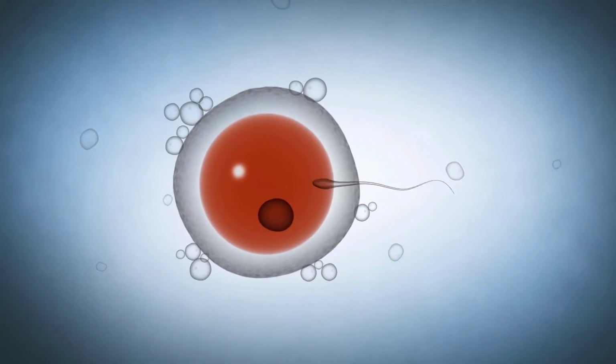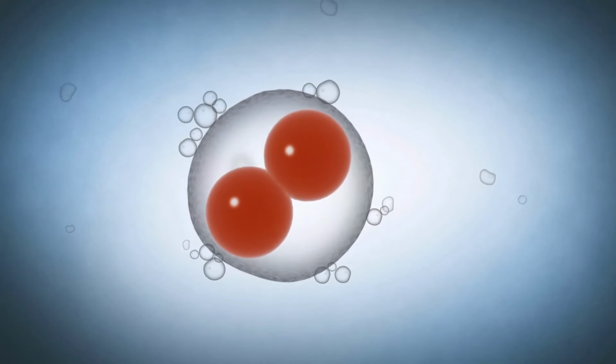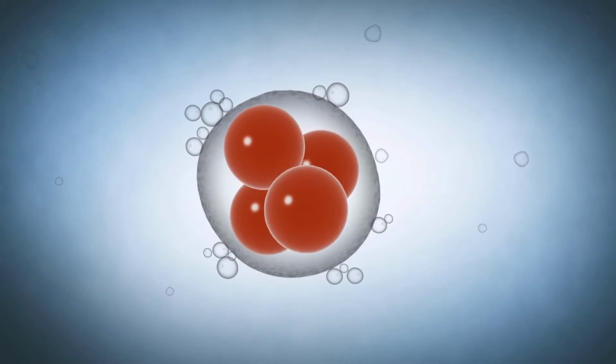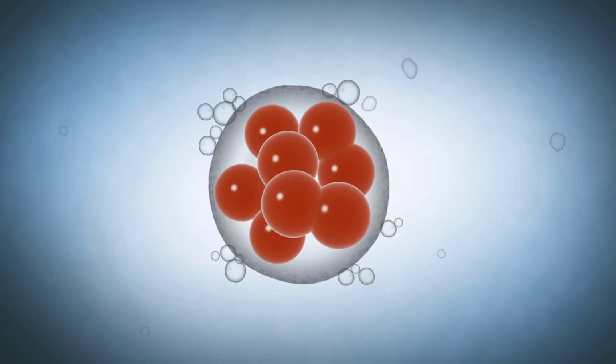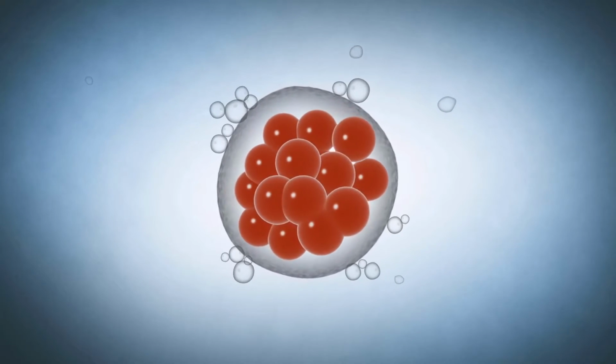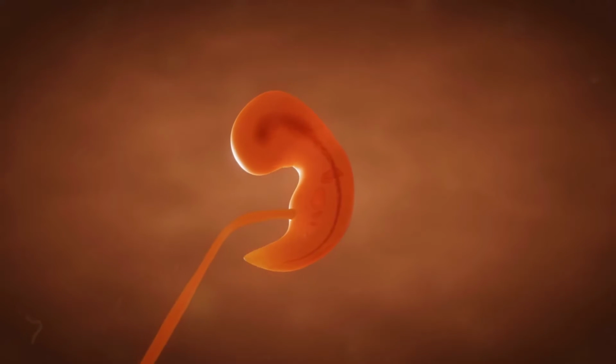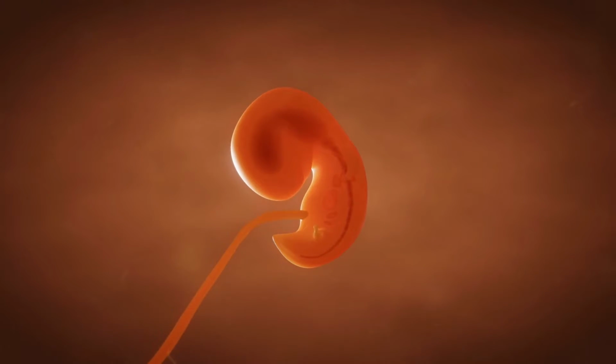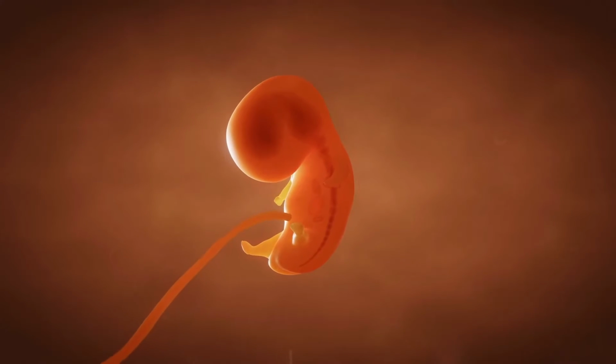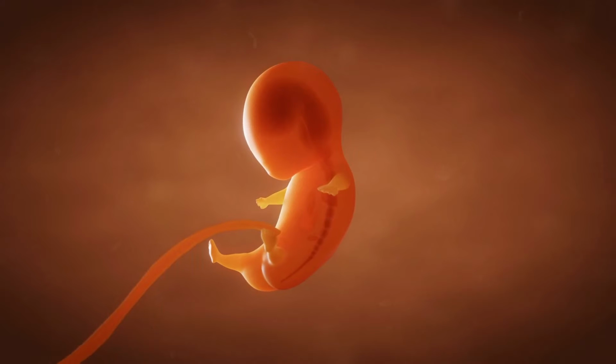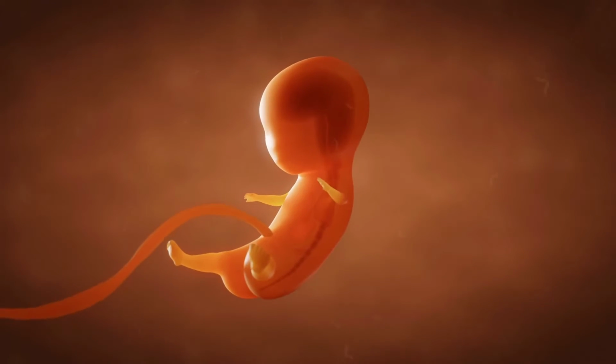In the human life cycle, a haploid sperm fuses with a haploid egg in a process called fertilization. The resulting fertilized egg, called a zygote, is considered diploid. A zygote has two sets of chromosomes, one set from each parent.